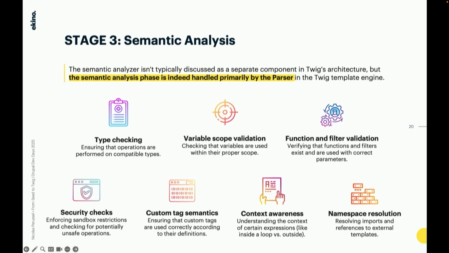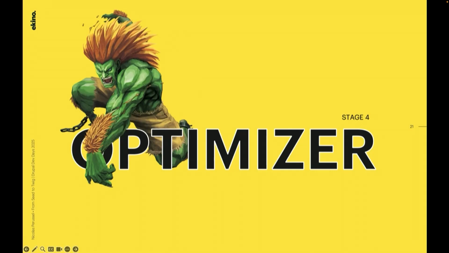If you use some filter or function that does not exist in your Twig environment, you will throw a Twig error. You have a problem inside your Twig. Okay? I will not deep dive into each of these things. It's just for information.